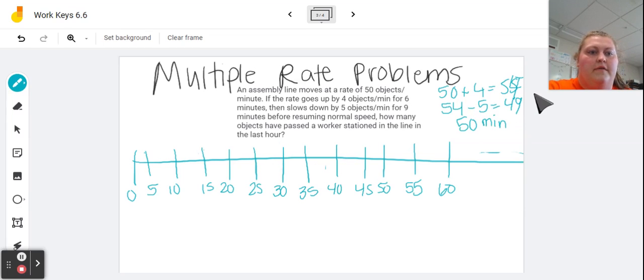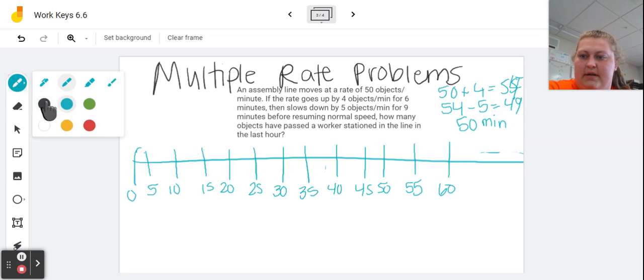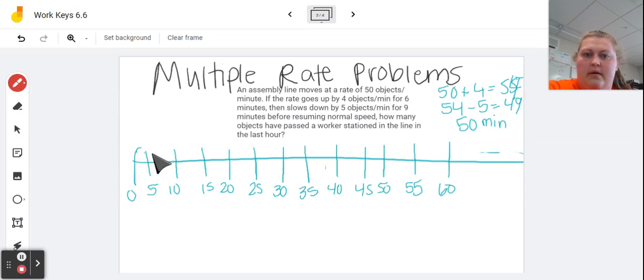So for the first 4 minutes, I'm going to use a different color. For the first minute, I'm going at normal speed. Then after that, I'm going to go up to 54. So this is 50. Then right here from 1 to 4 minutes is 54 objects a minute.